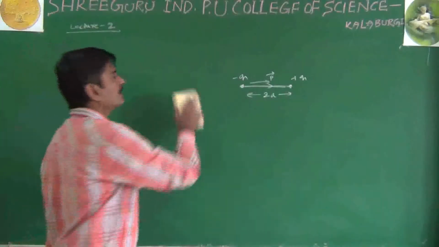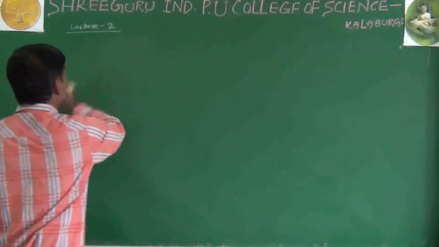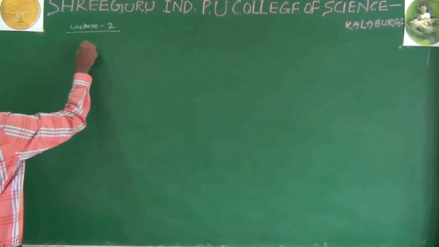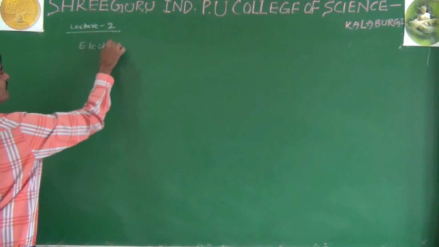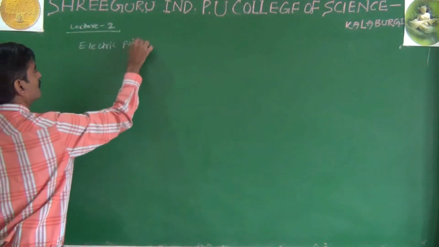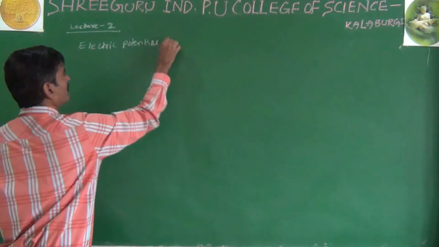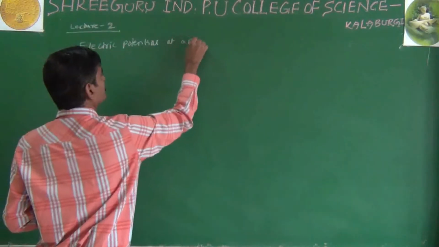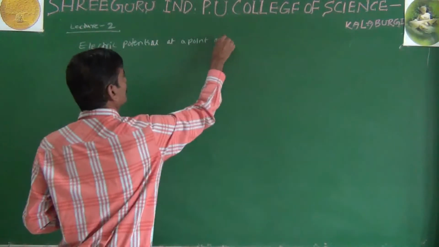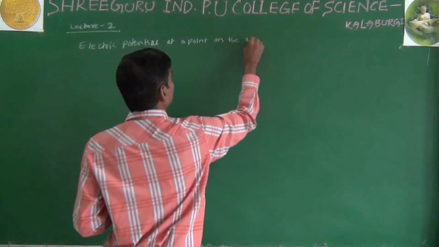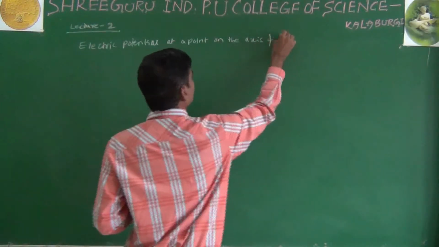So today we will do electric potential at a point on the axis of a dipole.